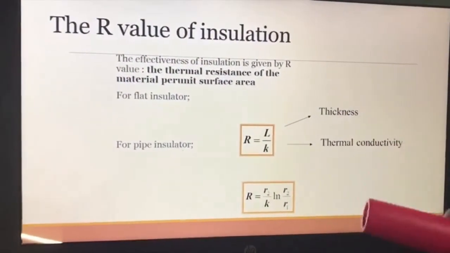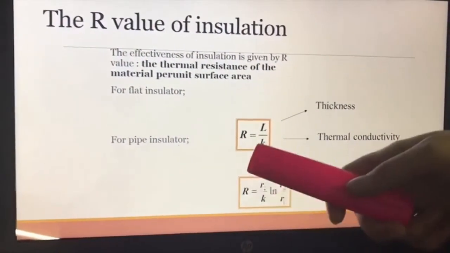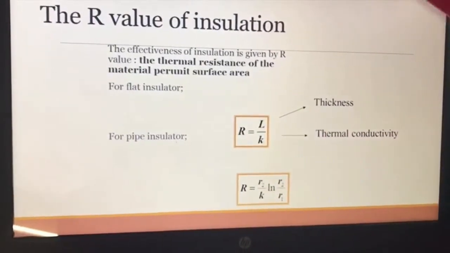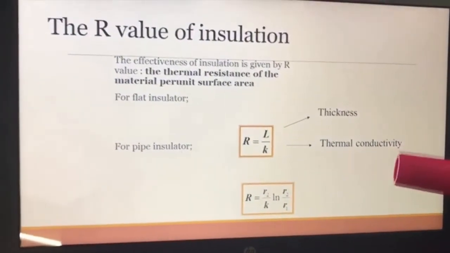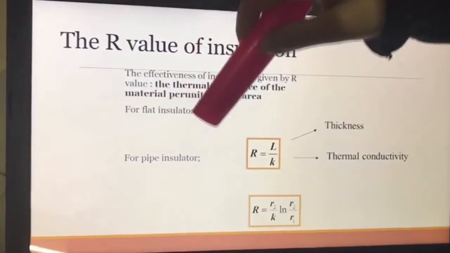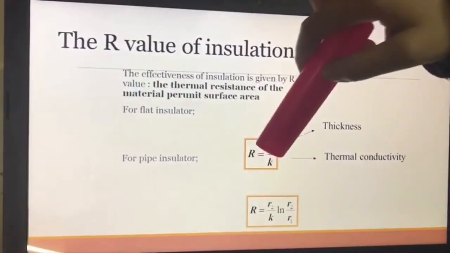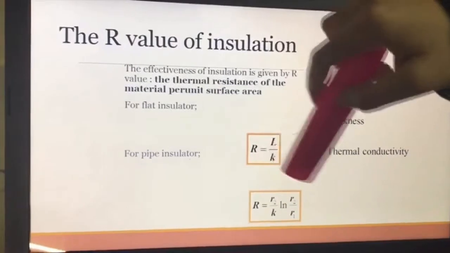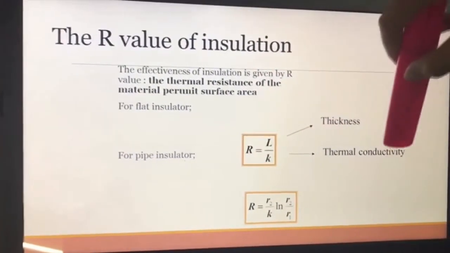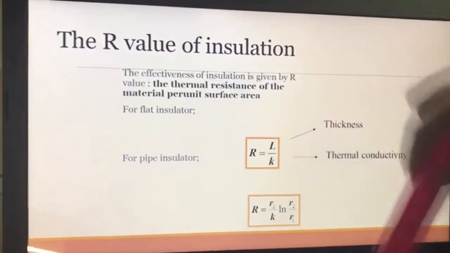Kalau for flat insulator, formula given is R is equal to L over K, which is thickness over the thermal conductivity, and for the pipe insulator, R is equal to small r2 divided by K, which is thermal conductivity, ln R2 over R1.